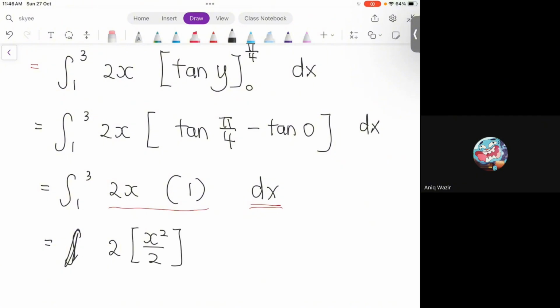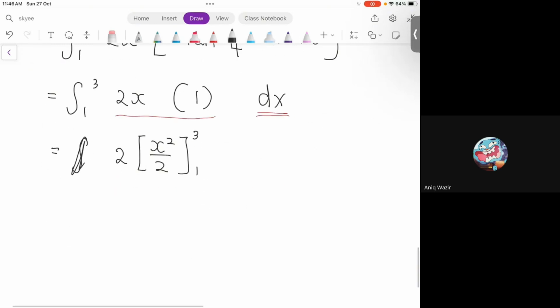With limits 3 and 1, you can cancel this one. So this will be equal to 3 power 2 minus 1 power 2. The answer will be equal to 8.